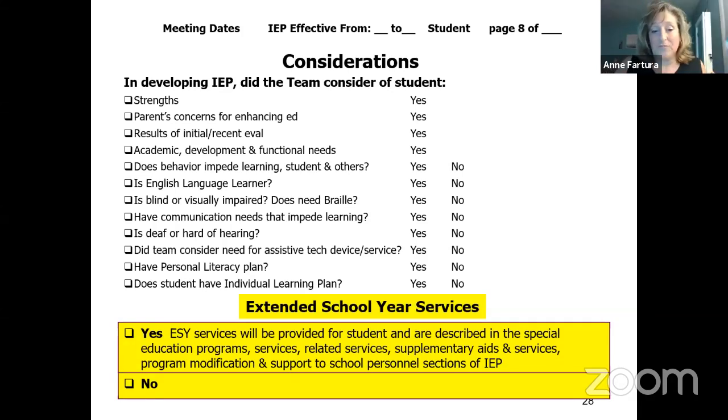Good question. Okay, finally, when the team uses teacher observation or record review, is that considered current data, recent evals? So it's considered current data. The question always goes back to, does this reflect the needs of my child?